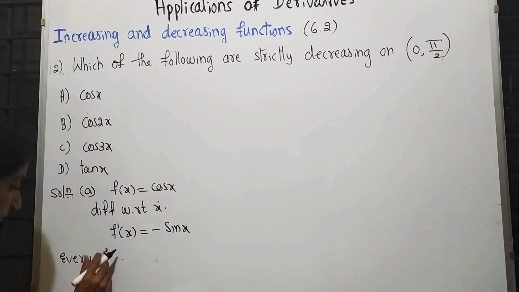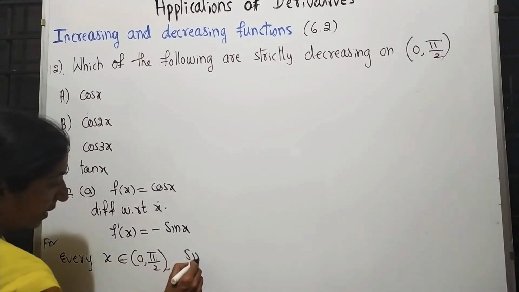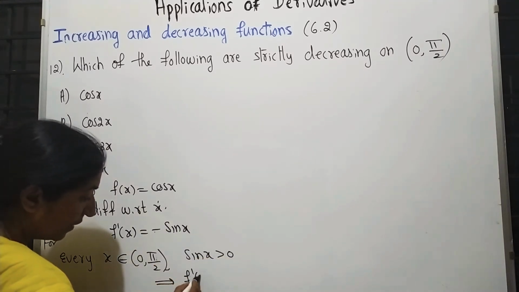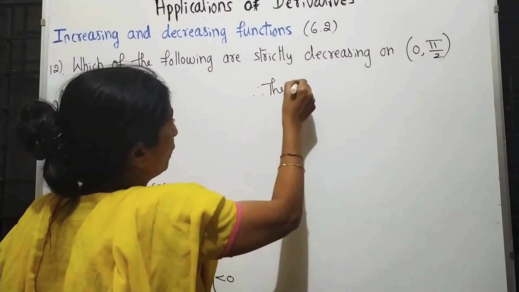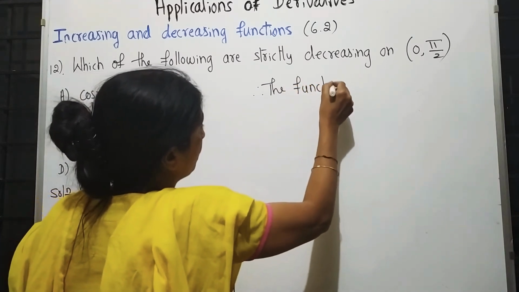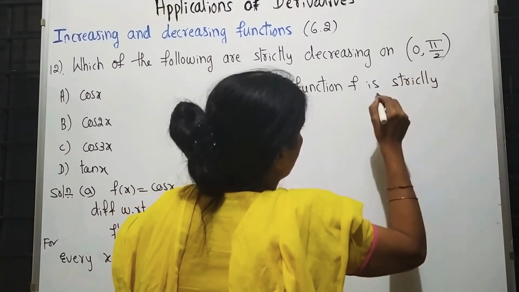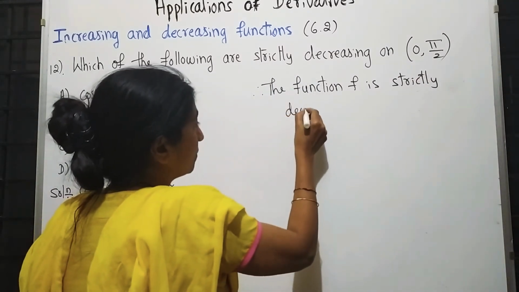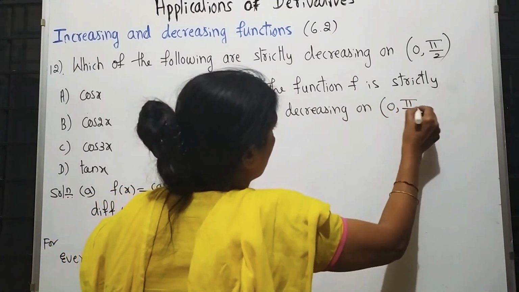For every x belongs to 0 comma pi by 2, sin x is greater than 0. This implies this minus into plus, f dash of x is less than 0. Therefore, the function f is strictly decreasing on 0 comma pi by 2.